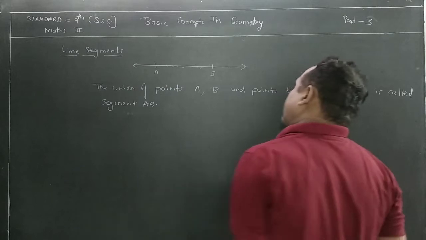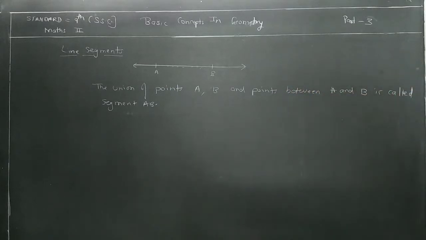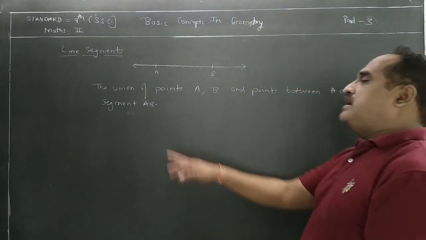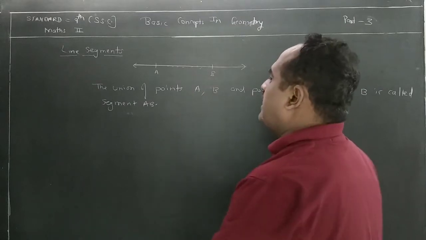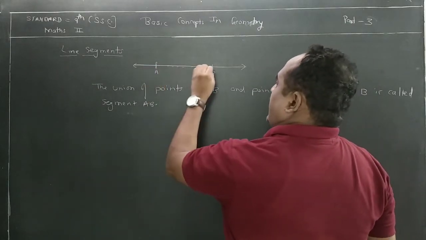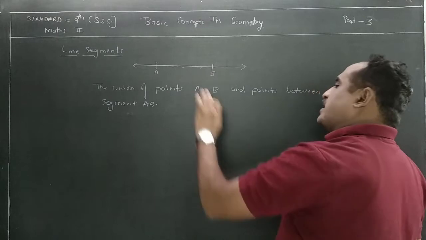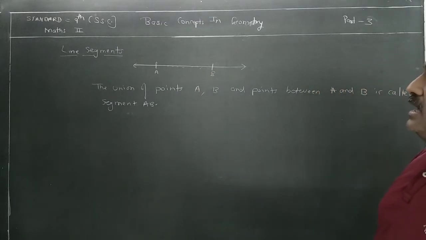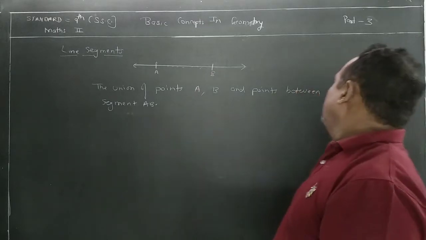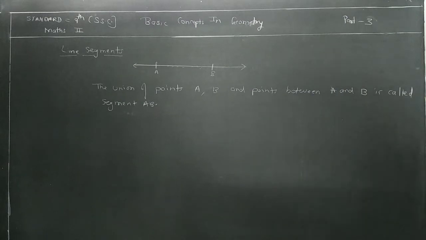It is called as what? Segment AB. See once again, this is a particular statement for what? Segment AB. What is that? The points A and B and all the points between A and B, that union is called as what? Segment AB.